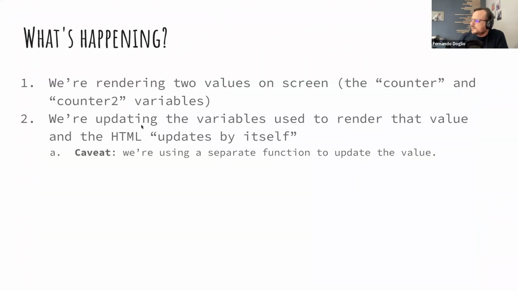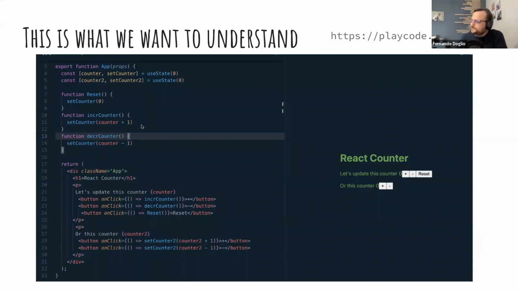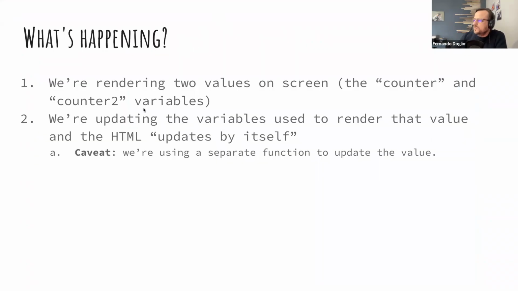So again, going back to this. This is what we're going to try to understand and reverse engineer. So let's look at what we have right now. What's happening? Again, we're rendering 2 state variables, the counter and counter2 variables.